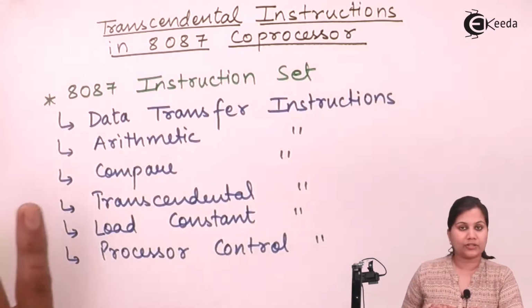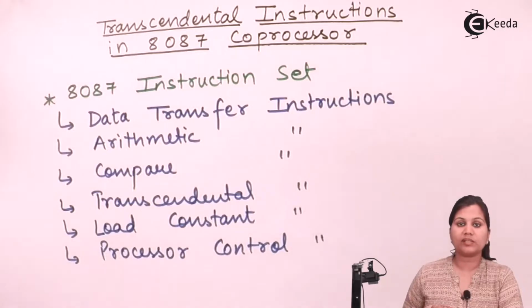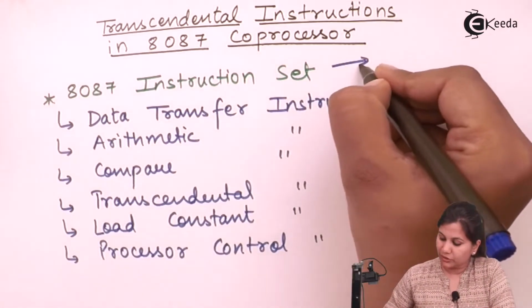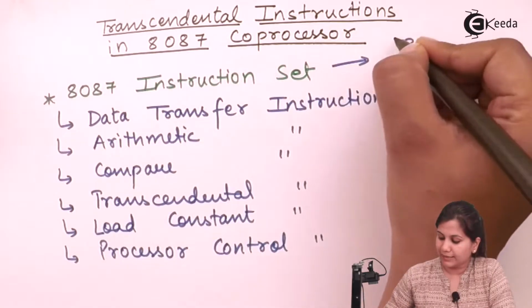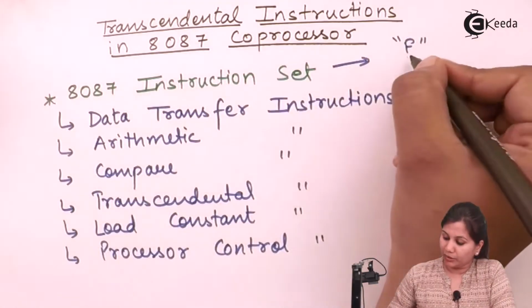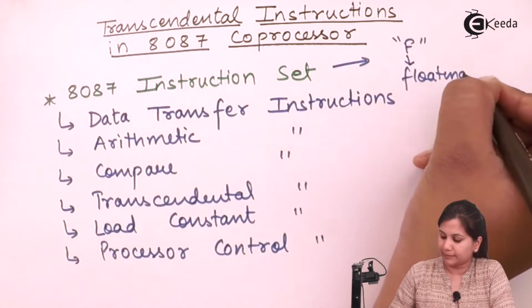Now, all the instructions present in the 8087 have mnemonics that start with the alphabet F. So all the instructions will have F as their prefix or starting alphabet. Here this F stands for floating point numbers.